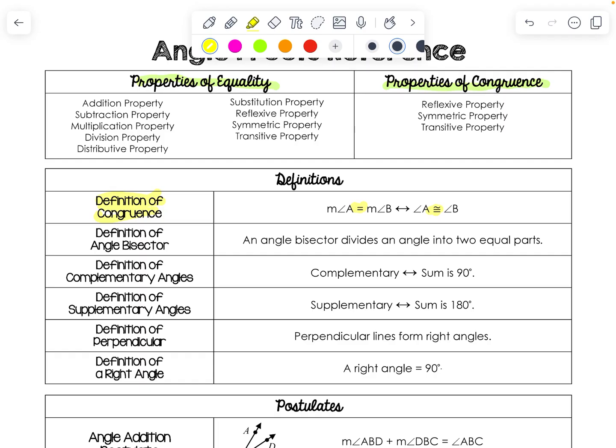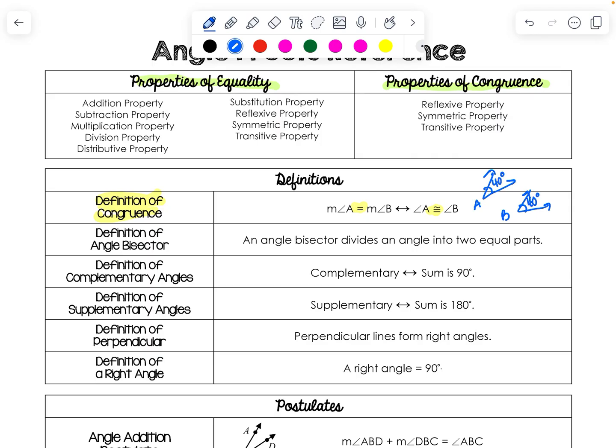If I used a protractor, they would be equal and also congruent. So remember that here, if this is angle A and this is angle B, I'm looking for those congruent markings like this. And if they were both 40 degrees, they're equal in measure as well.